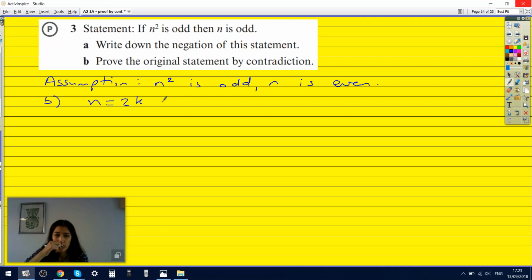So 2k squared equals 2k plus 1. Well, what will this be squared? 4k squared. So that's 4k squared, yeah. 4k squared should be an odd number, right?